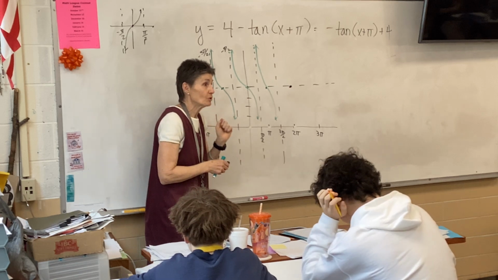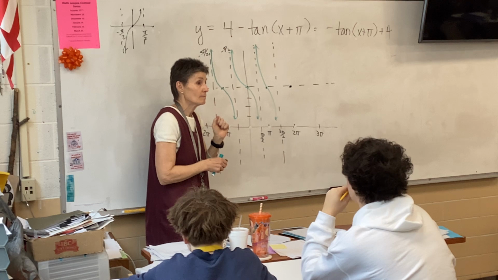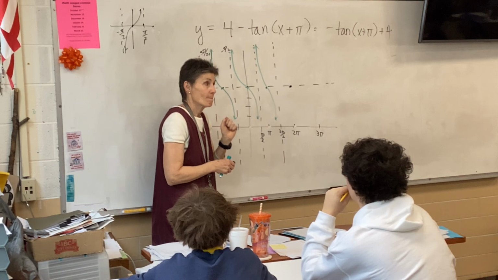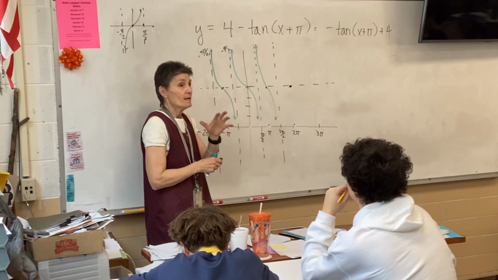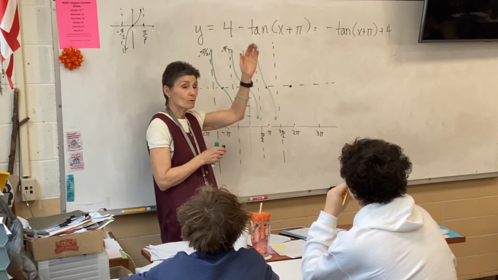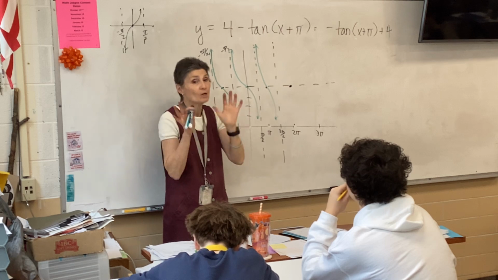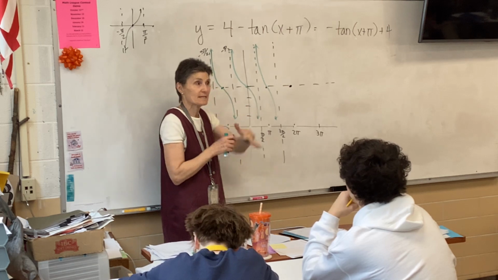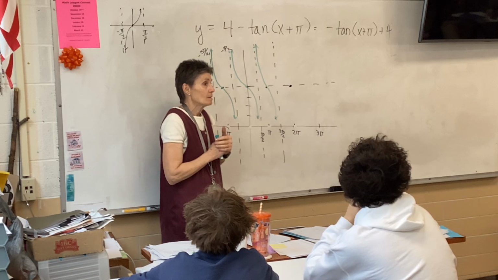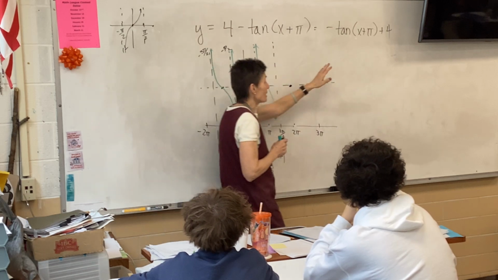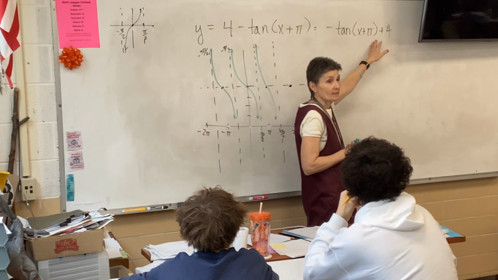What's the amplitude? Infinity? Tangents don't have amplitude, right? So we think of it as the slopes are approaching infinity, but we just say no amplitude. It's infinite. It goes forever. Our phase shift, our horizontal shift was negative pi.